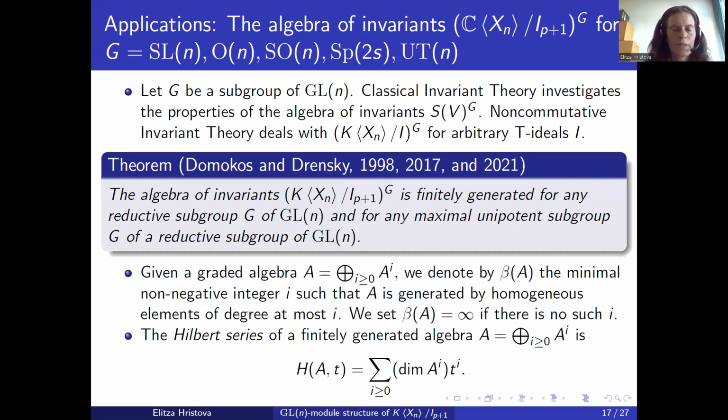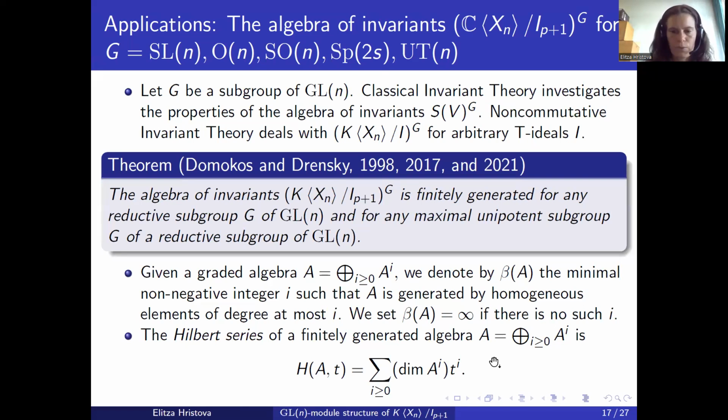Okay, it is also a result of Domokos and Drensky that for these algebras of invariants, the Hilbert series is a rational function. And we are going to find for these 5 algebras a specific form for this rational function, which will help us find a maximal degree of a generator.